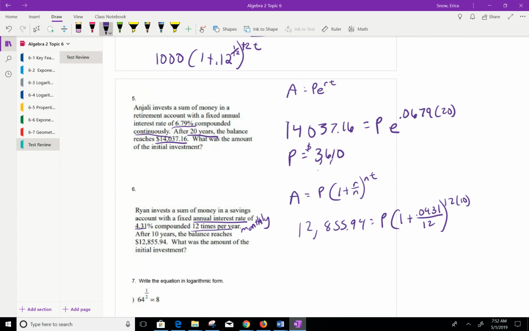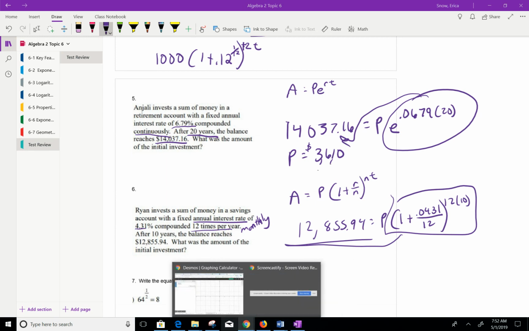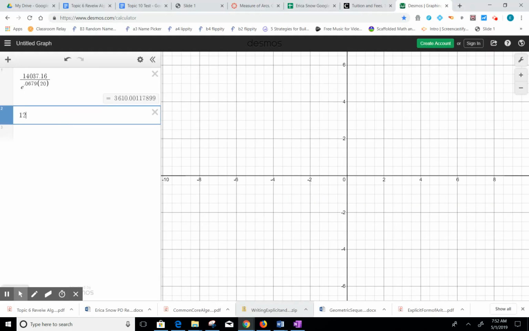Also how I got there is we divided both sides by this. So 12,855.94. Put your division bar in first so that it works.